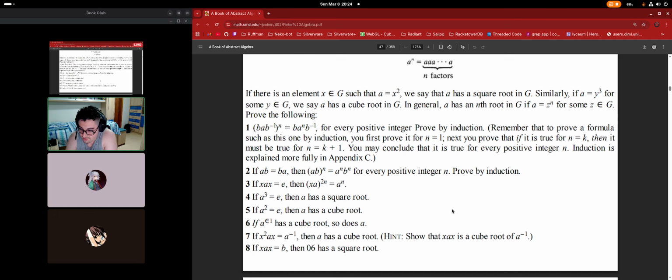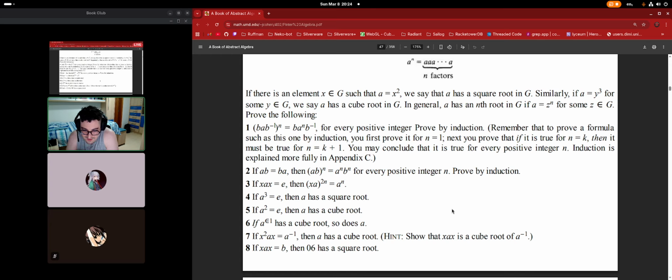Tevo did it the other way and reached that a squared must be equal to the inverse of a, which is the symmetrical result of what you said, which is a must be equal to the inverse of a squared. And critically, a is not its own inverse, because then a squared would be e. So that would lead to a contradiction.